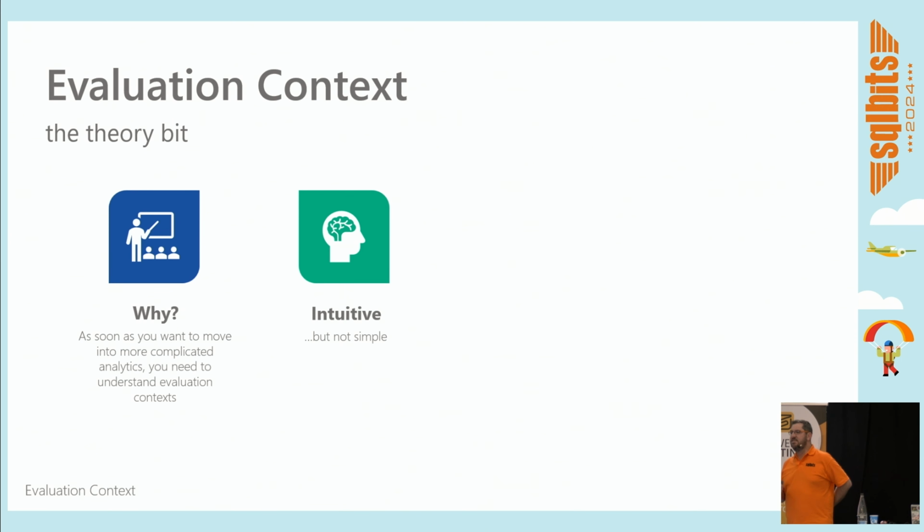Because DAX is intuitive, but it's not simple. It makes sense up to a point, and then suddenly we're not 100% sure what's going on anymore. That's where you've got to go back to the fundamentals and understand the context in which this query is being executed, and why it is not doing what I'm expecting it to do.